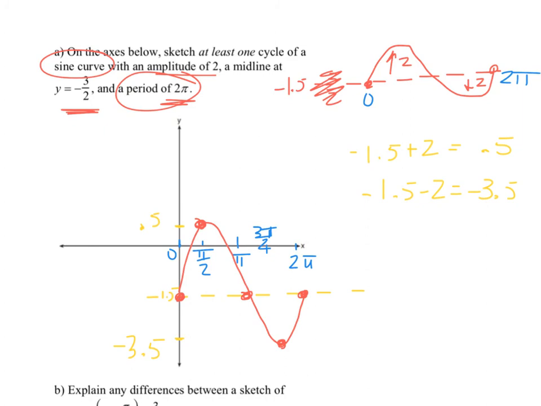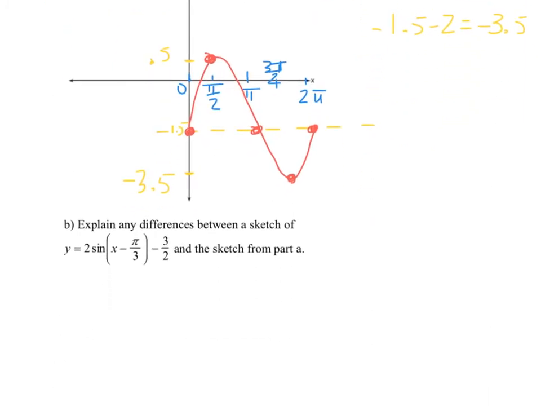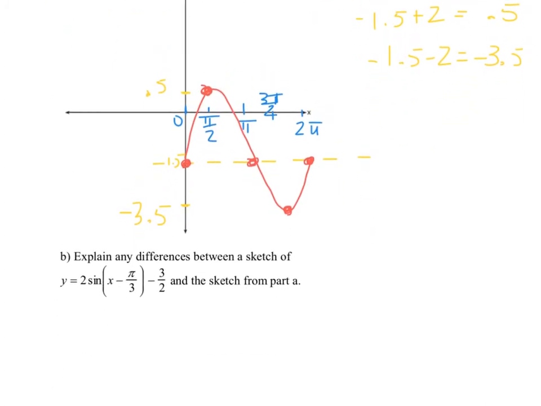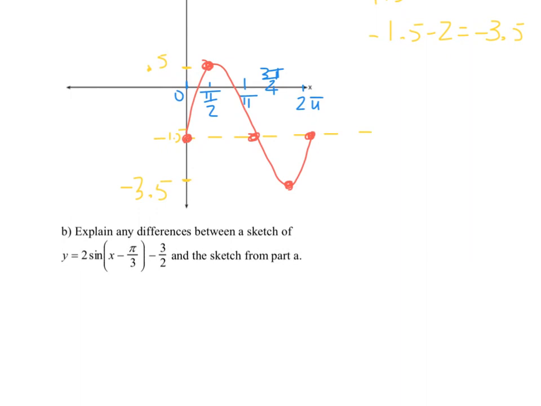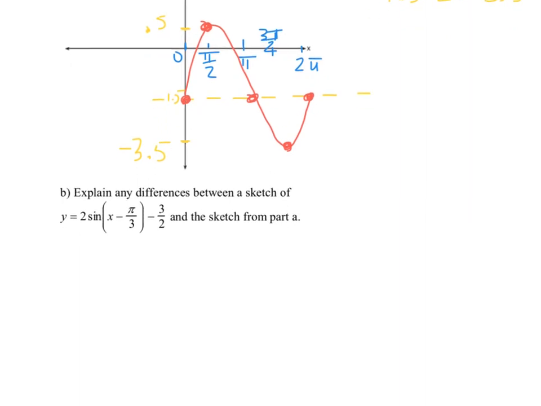Now they ask you what's the differences between the sketch of, obviously, part A, and a sketch of this guy. Now, a sketch of this guy, the difference clearly is this piece right here. We have an amplitude of 2 on our graph, and we do have a midline. This is your midline because it's added to the end.